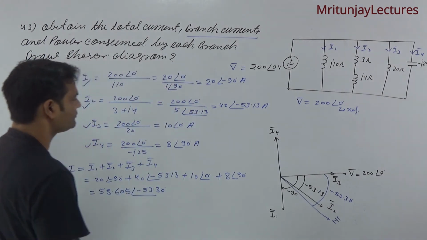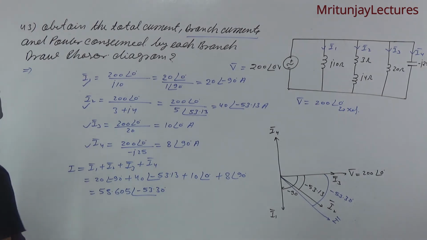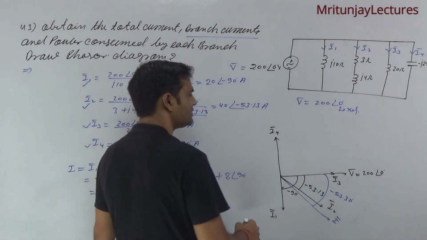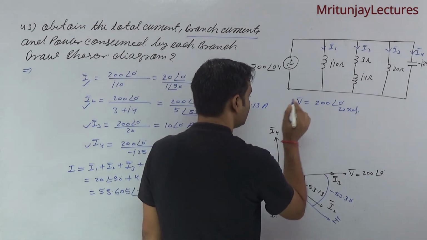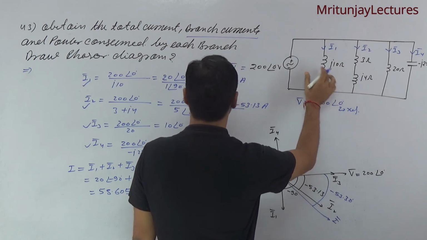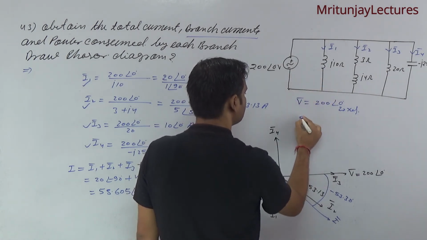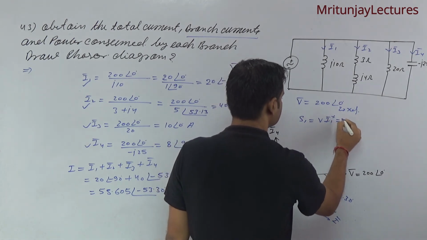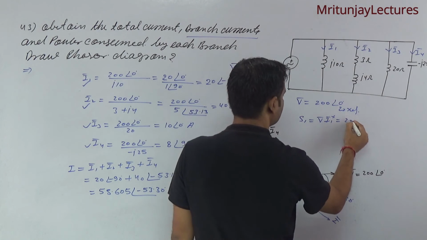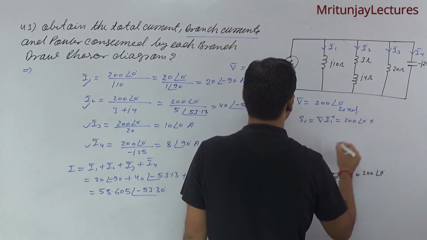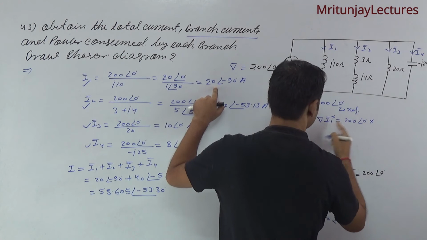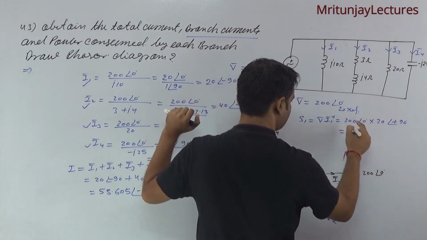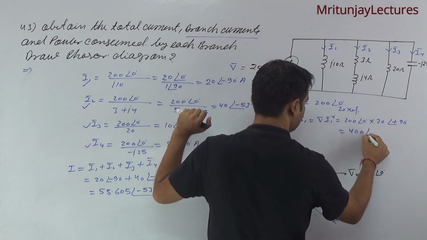Now next one, power consumed by each branch. Power consumption means corresponding to S1, which is written as V into I1 conjugate. What about V? 200 at the angle 0, into I1 conjugate 20. What about the conjugate? That is plus 90. So 400 at the angle plus 90.